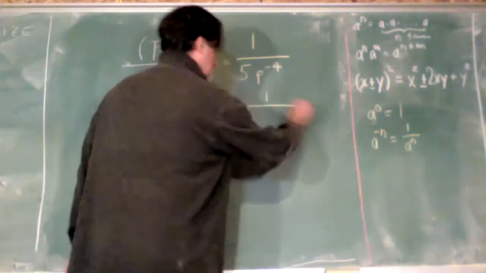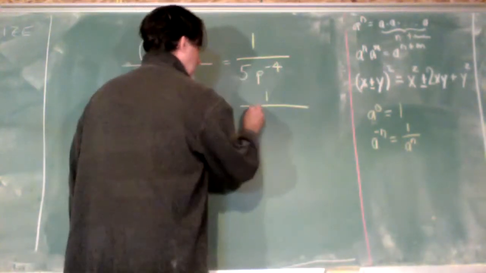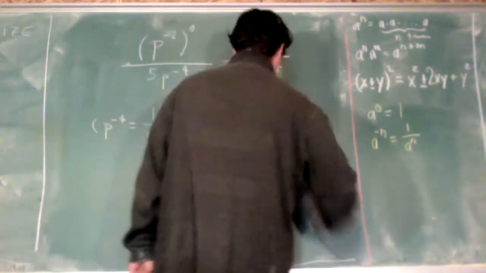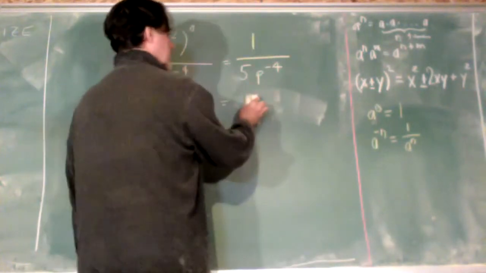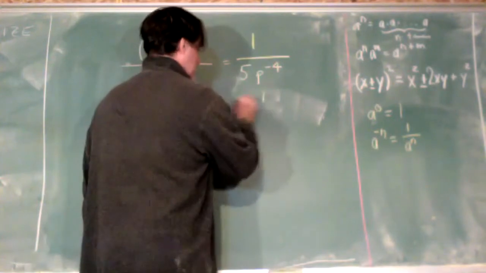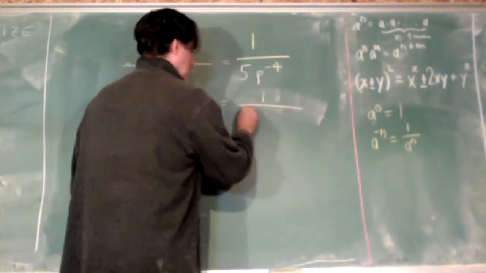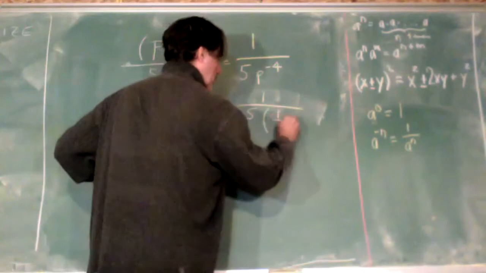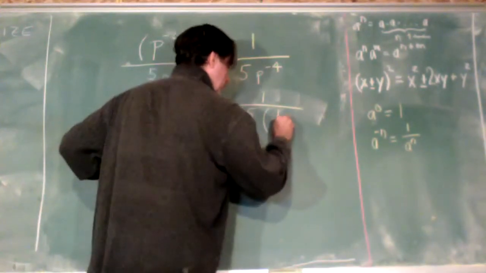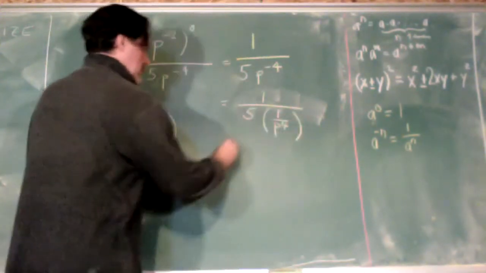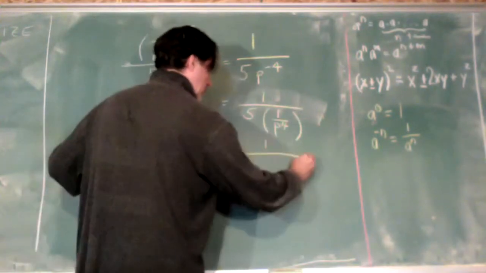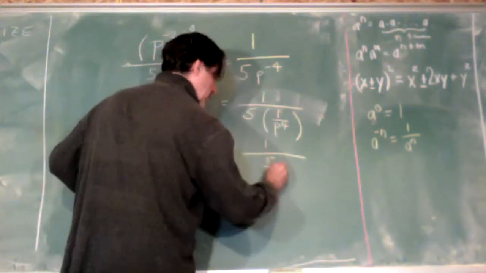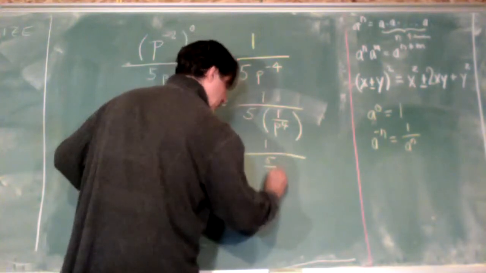1 over 5. Let me go through this way, and then I'll actually do it a second way. 1 over 5, and we apply our definition. 1 over p to the fourth gives us 1 over 5 over p to the fourth.